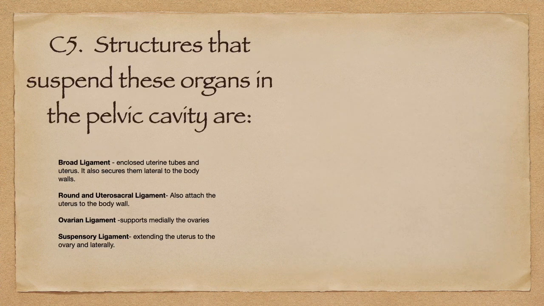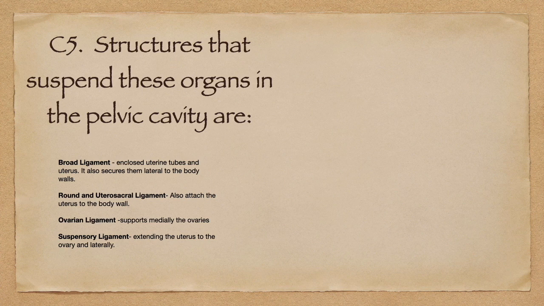And lastly, we have the structures that suspend these organs in the pelvic cavity. We call these the ligaments. The ligaments support the organs and allow them to move somewhat freely by folds of peritoneum. The fold that encloses the uterine tubes and the uterus and secures them to the lateral body walls is what we call the broad ligament.